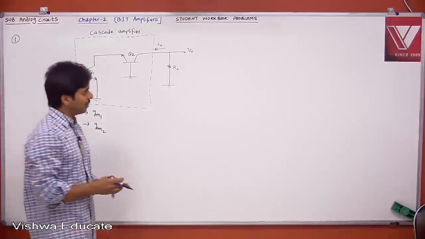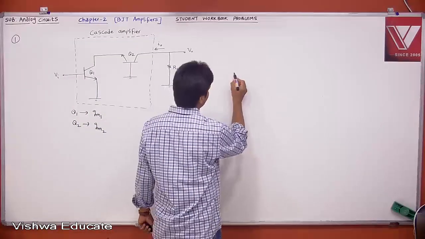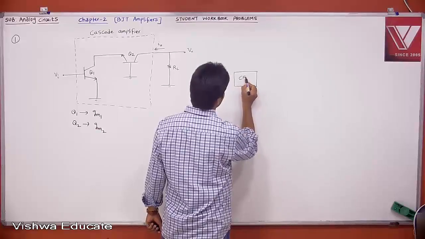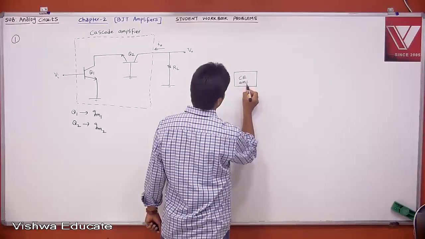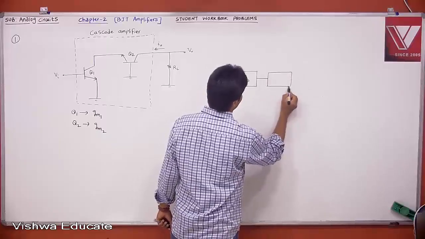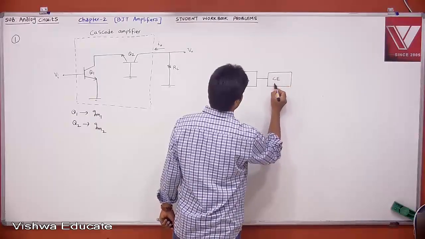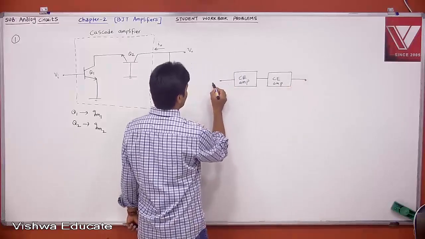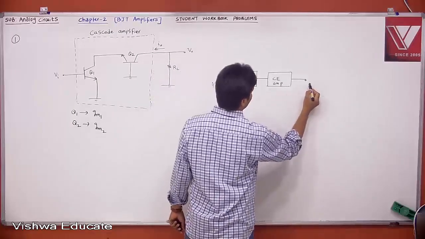What do you mean by cascade amplifier? Let us say this is a multi-stage common emitter amplifier. This is your CE amplifier, and the output of the CE amplifier is given to one more CE amplifier. This is your input and this is your output.